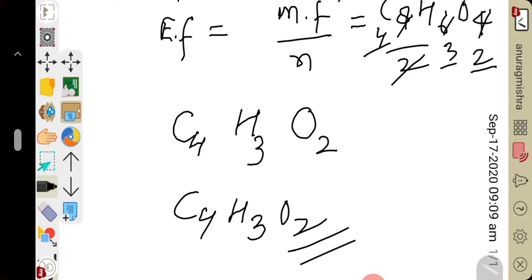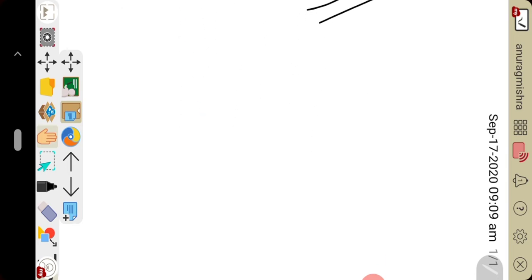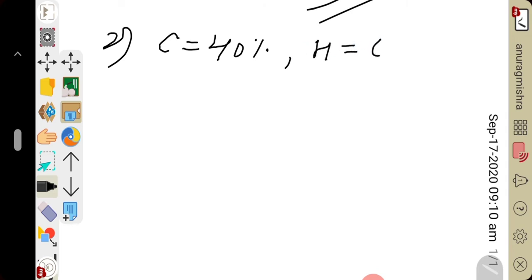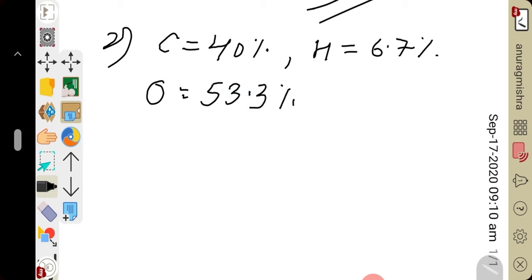Okay. Next, numerical number 2. It is given a compound is found to possess carbon 40%, hydrogen 6.7%, oxygen 53.3%.